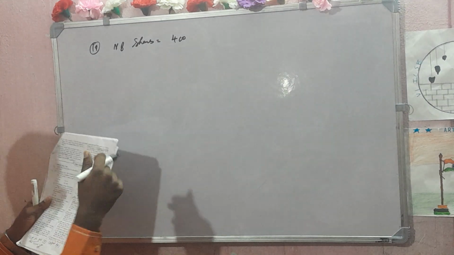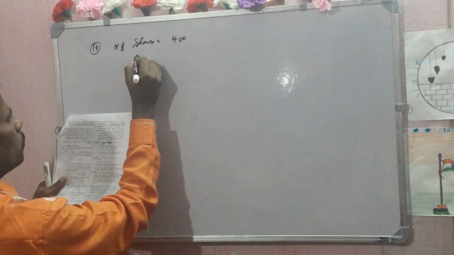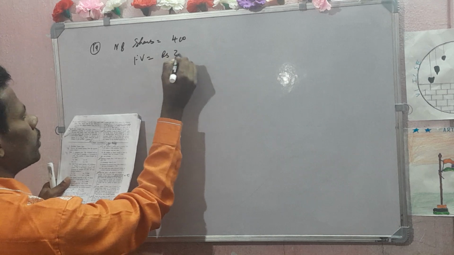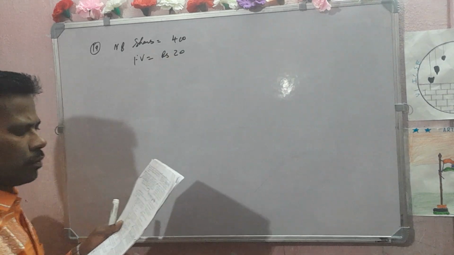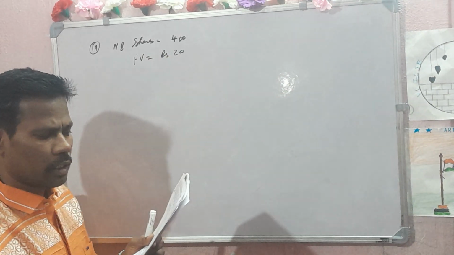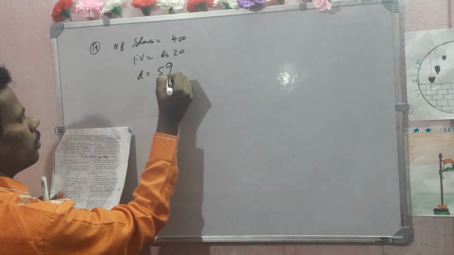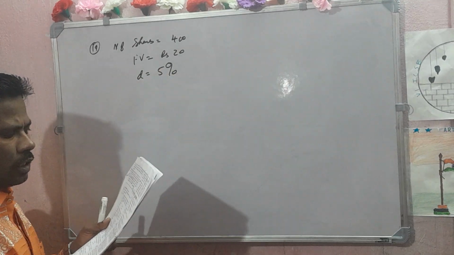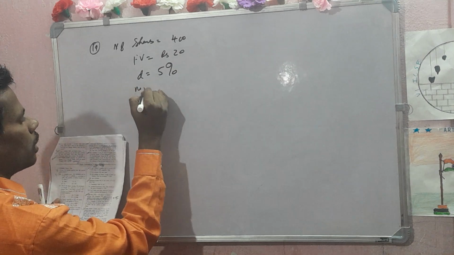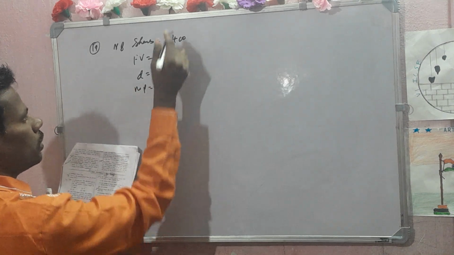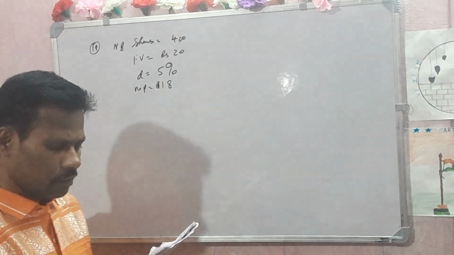Face value, in brackets, is rupees 20. Paying 5% means that is nothing but dividend. Dividend is 5% and at rupees 18 is nothing but market value. Market value is rupees 18. These are the given conditions.